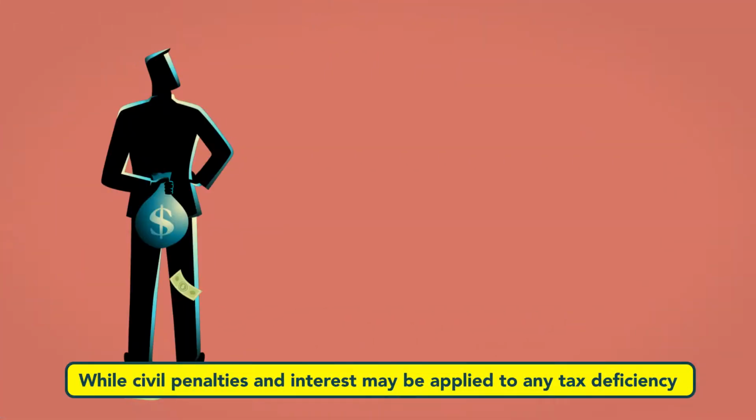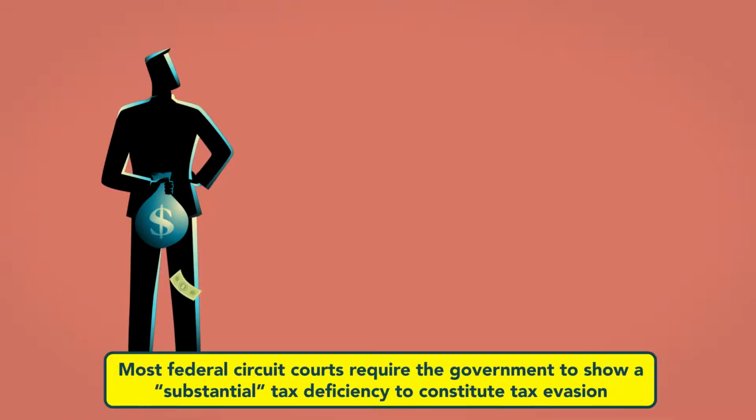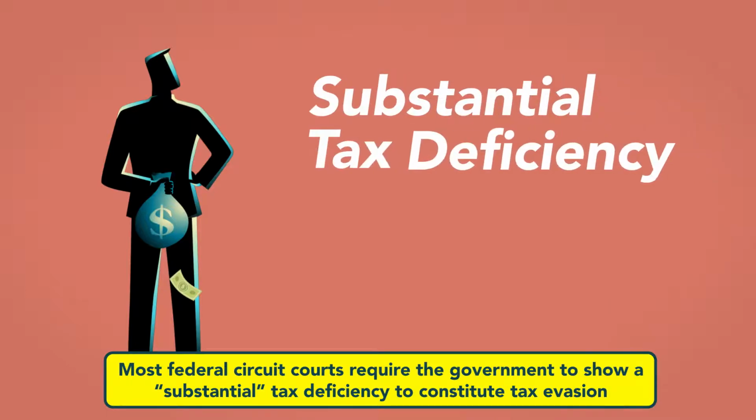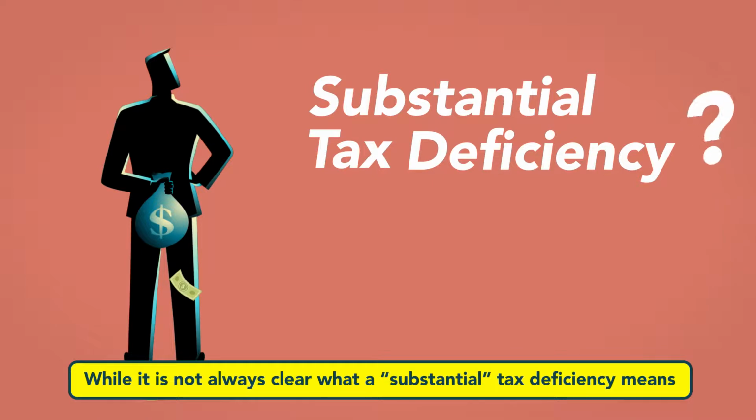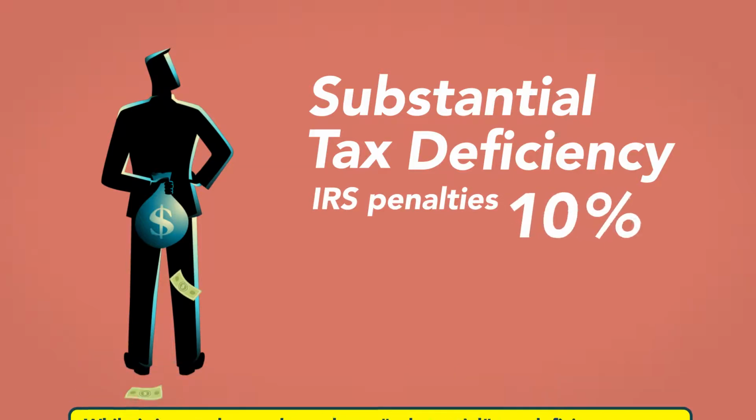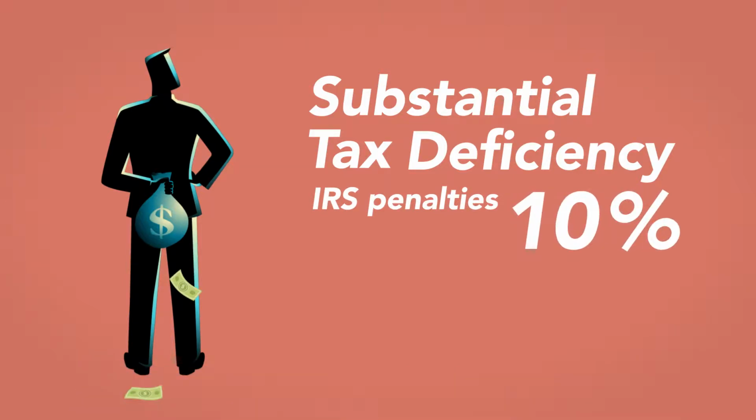While civil penalties and interest may be applied to any tax deficiency, most federal circuit courts require the government to show a substantial tax deficiency to constitute tax evasion. While it's not always clear what a substantial tax deficiency means, for purposes of IRS penalties for understatement, an understatement of 10% of one's income is considered substantial.